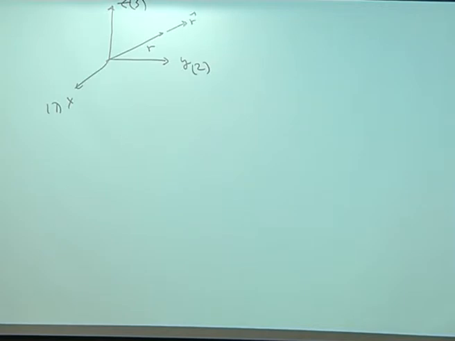What it's saying is that you have your Cartesian coordinates here, 1, 2, and 3. You have a radial vector that's out here. That's the radius vector here. And you have an r hat direction, a theta hat direction, and a phi hat direction.